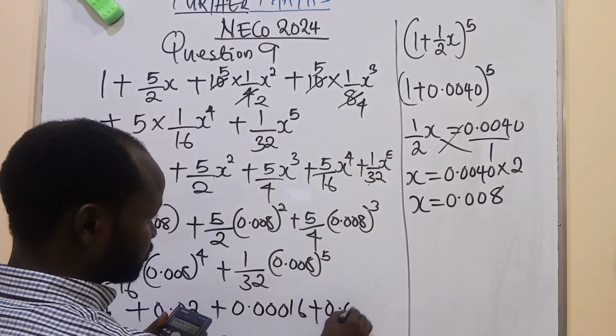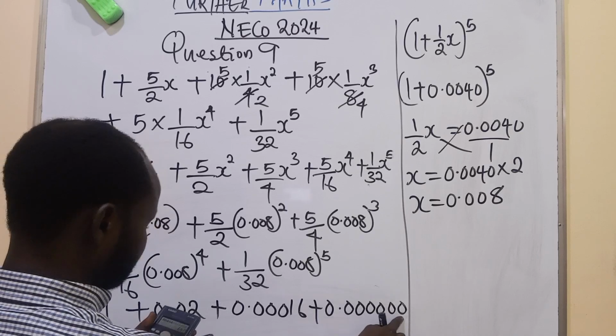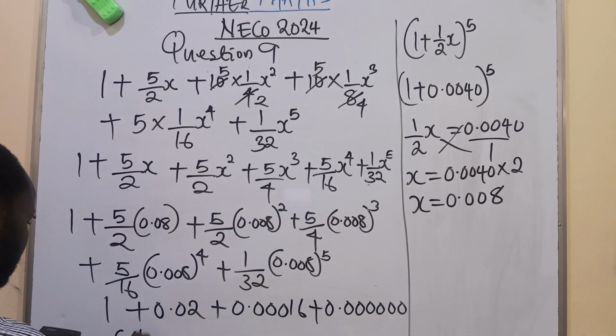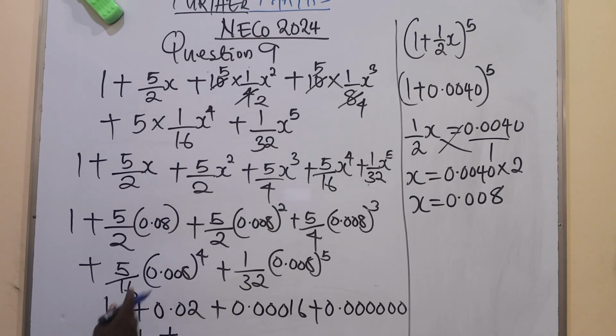Plus 0.00000012345 6 4. Okay, plus second to the last now, when r is 4, that will be 0.008 power 4 times 5 divided by 16.